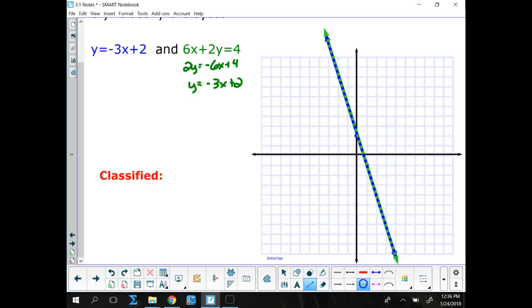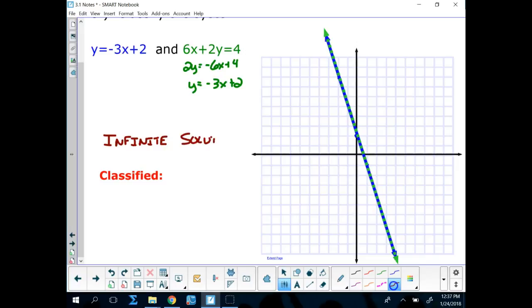So, my solution then is going to be what? Infinite solutions, yes. My classification is? Consistent dependent.